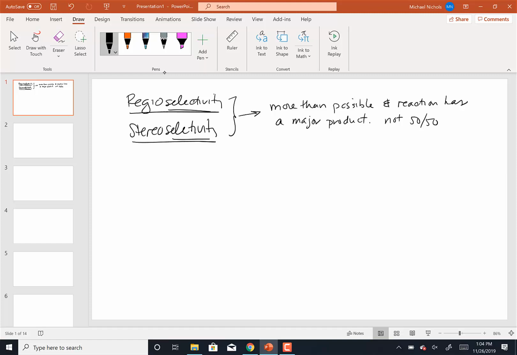If we start with regio, the idea here is that the products we're having a major product from are structural isomers, which means they're attached differently and they ultimately have different IUPAC names.